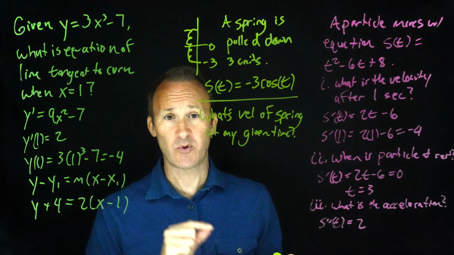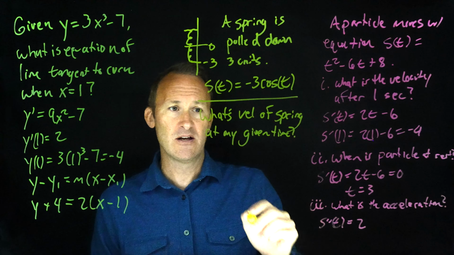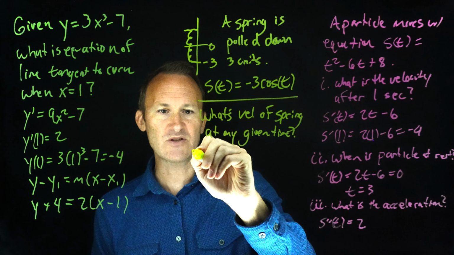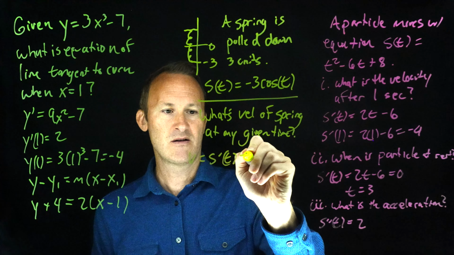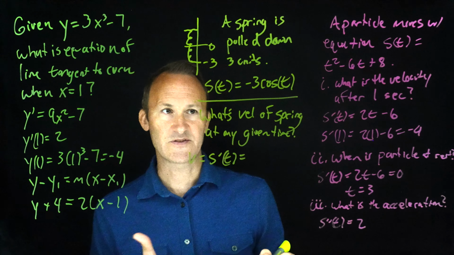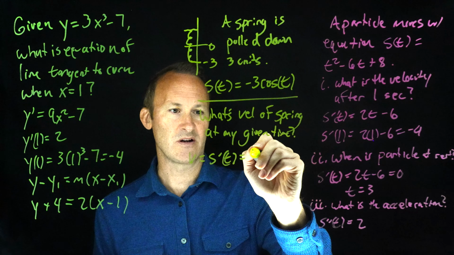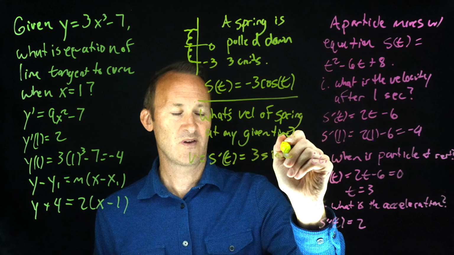And furthermore, at this point, it should not be difficult, right? It's simply s prime of t. That's what the velocity is. So we could write v equals s prime of t. And what's that? Well, the derivative of cosine is negative sine, so we get a +3. So it's 3 sine of t.